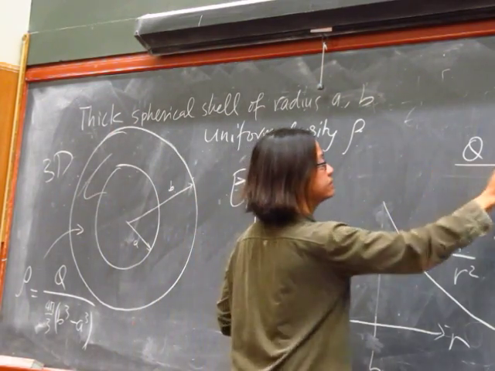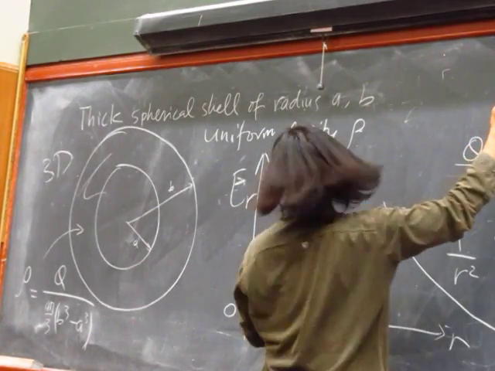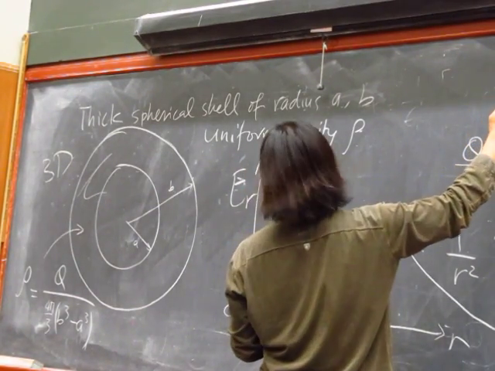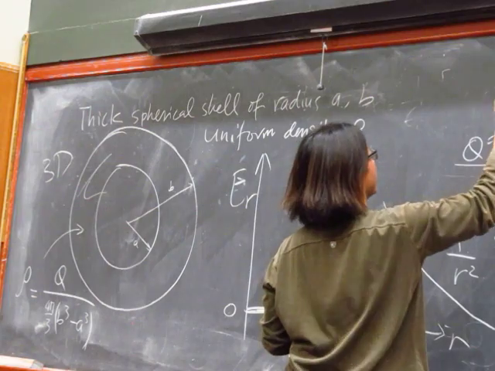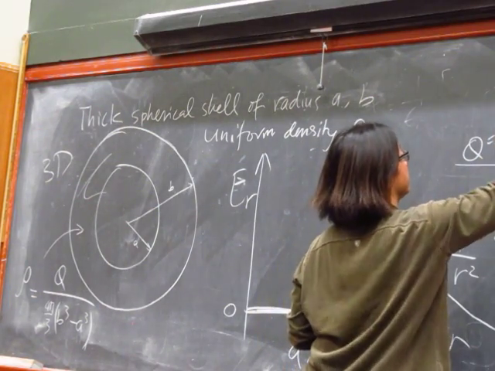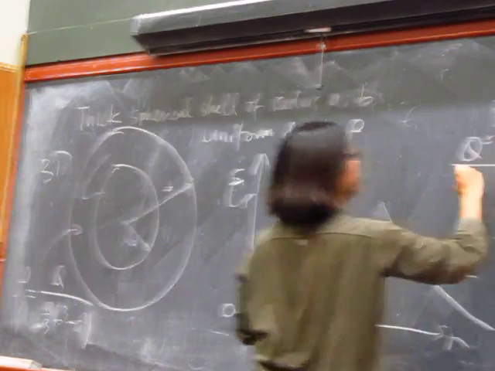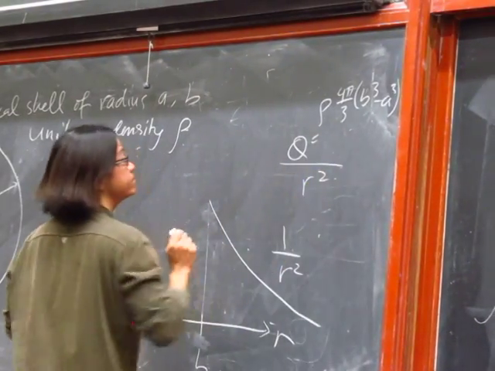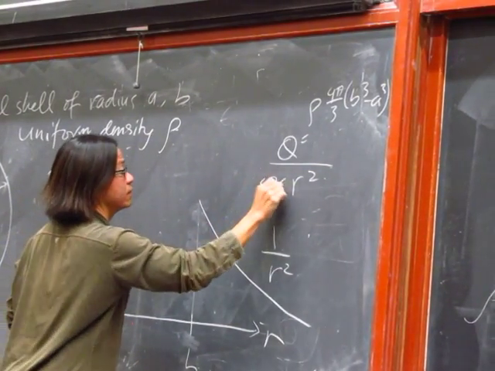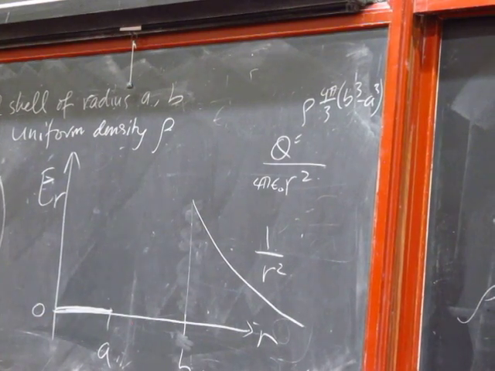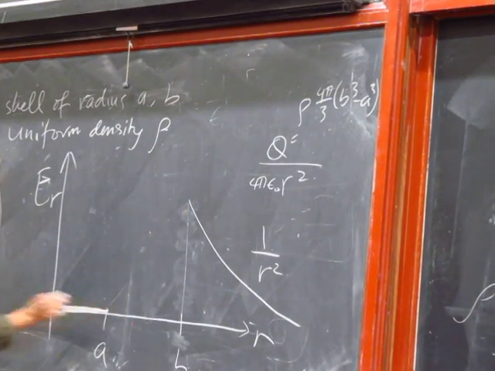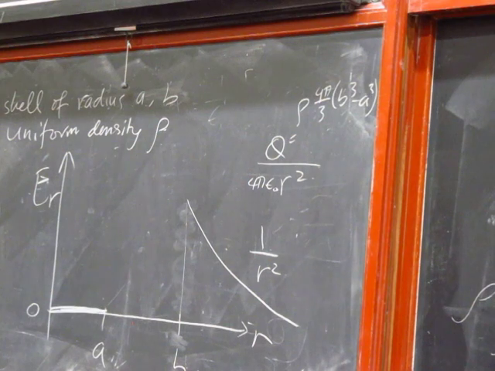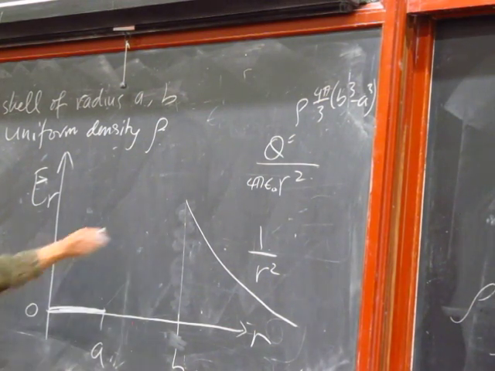This is just rho times 4 pi over 3 times b cubed minus a cubed, over r squared, 4 pi epsilon naught. So what happened here? Is it a straight line?